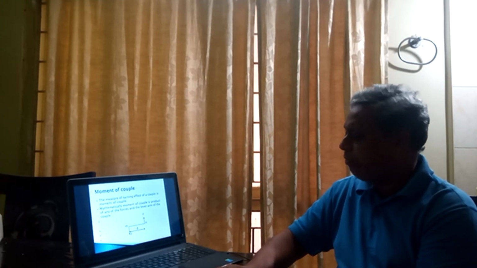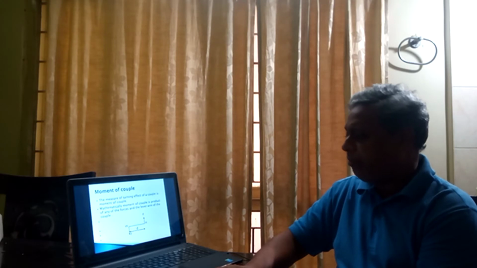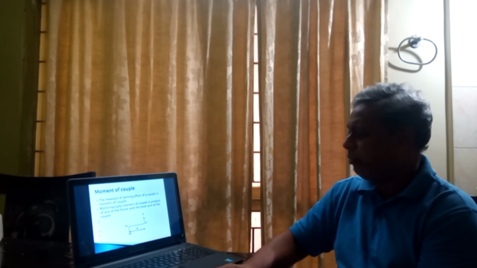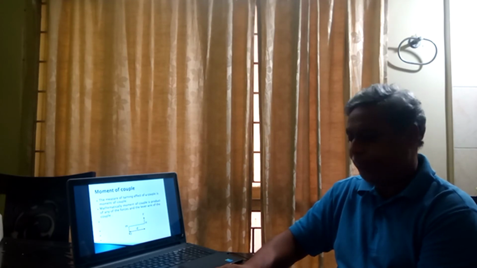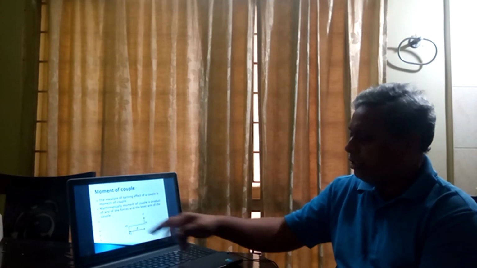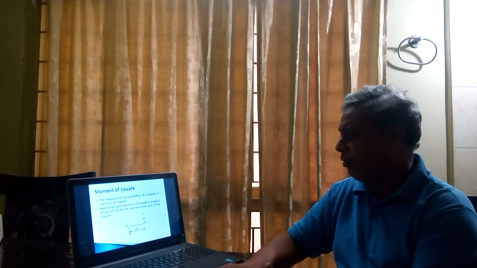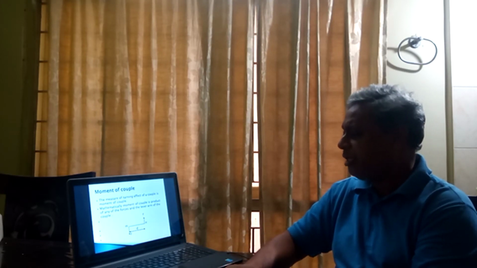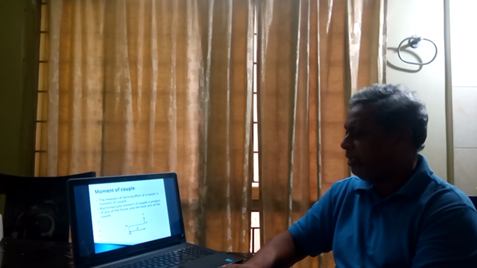So if we take moment at M, force F is producing an anticlockwise moment, F into d. Similarly, if you consider point N, this left force, to the left of N, is producing an anticlockwise moment that is equal to F into d.